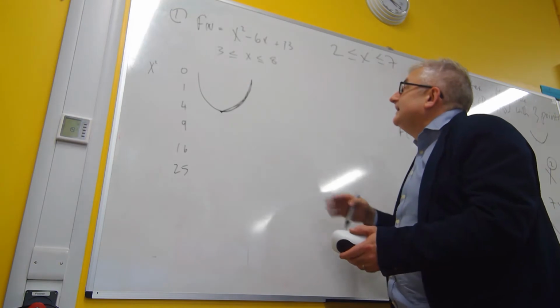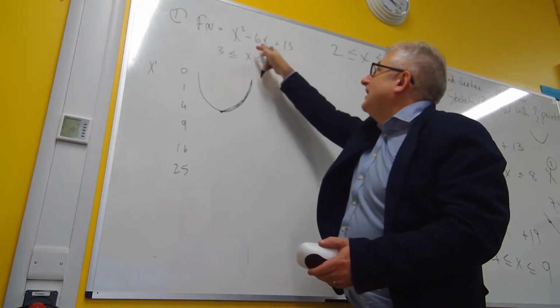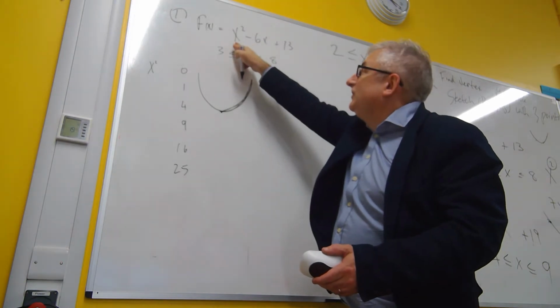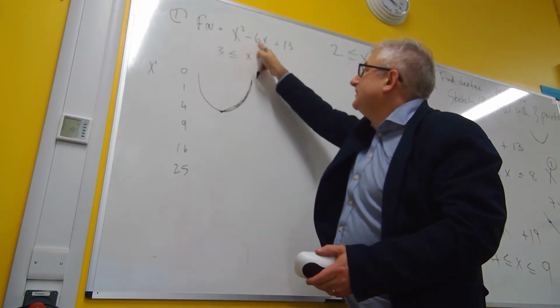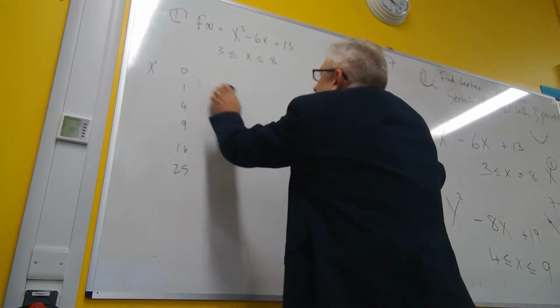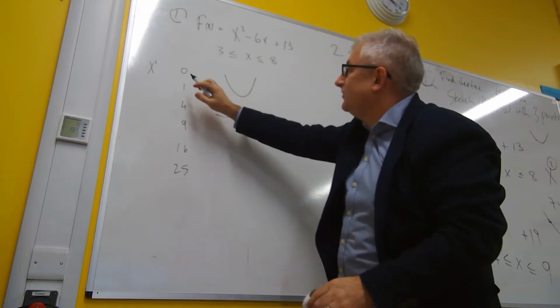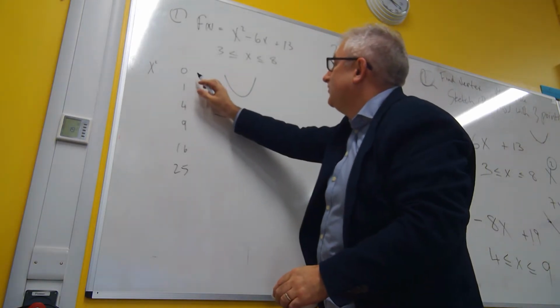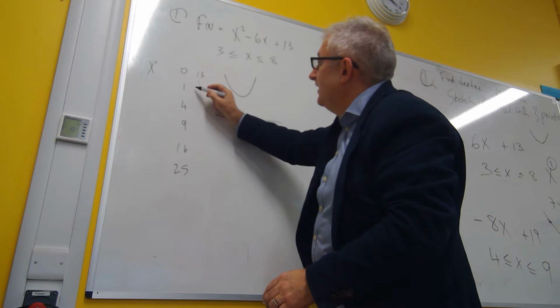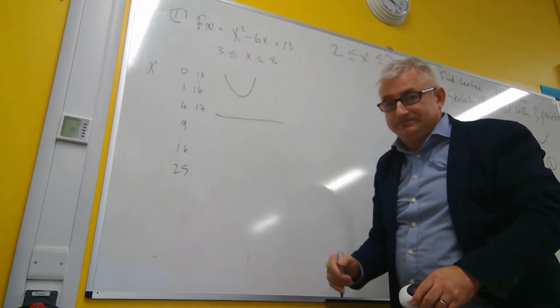Parabola is just the word we get for one of these things. Now, the result of adding to the x squared that we started with a minus 6x and a plus 13: the easiest thing to say is that the plus 13 just lifts it all up. So in other words, when you put 0 in, instead of getting out 0, you'll get out 13. You'll get out 14. You'll just keep adding 13 to all those numbers.